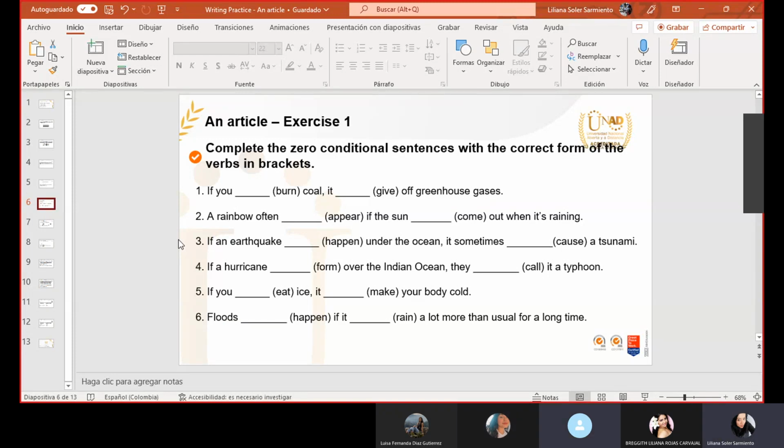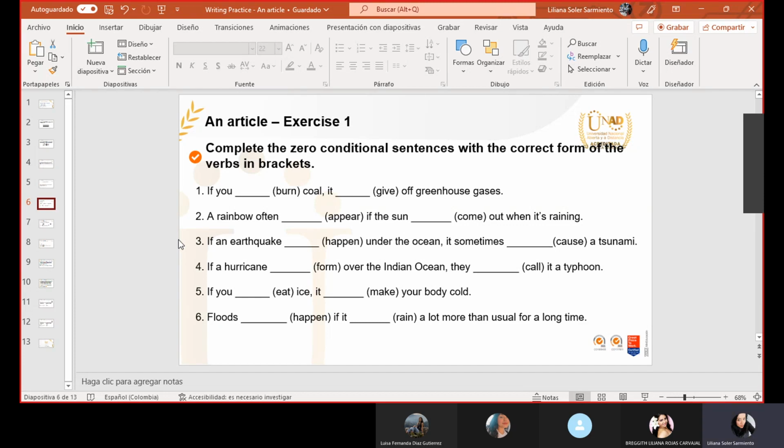We need to add the letter S at the end. It gives off greenhouse gases. If we burn coal, it produces greenhouse gases.